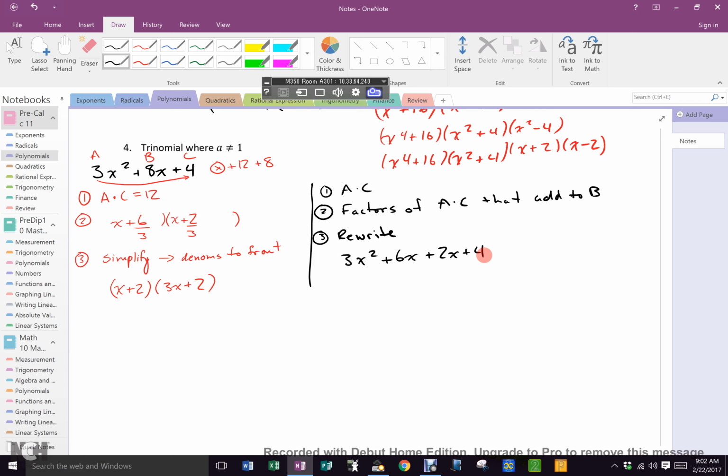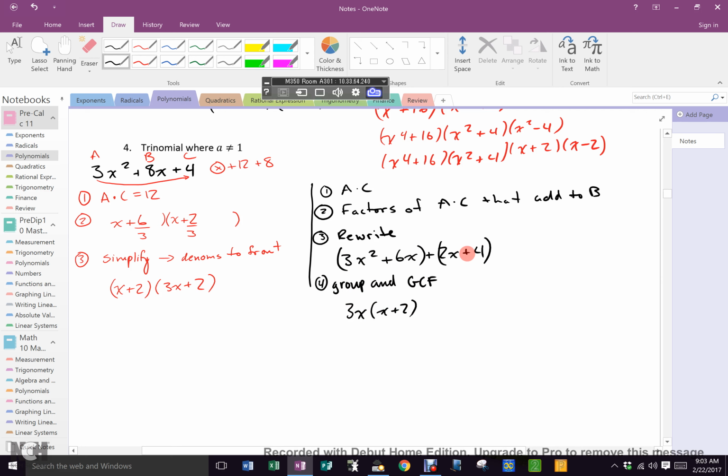Then you do this. Group and GCF. Group that, group that. What is the GCF here? 3x. And that leaves x plus 2 in there, correct?